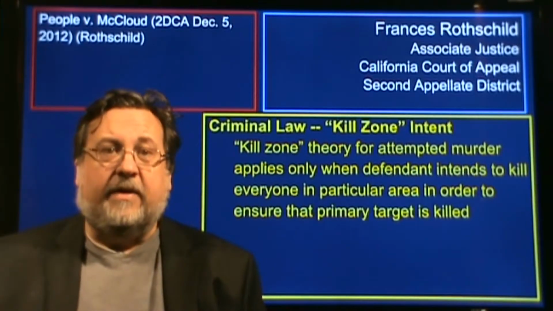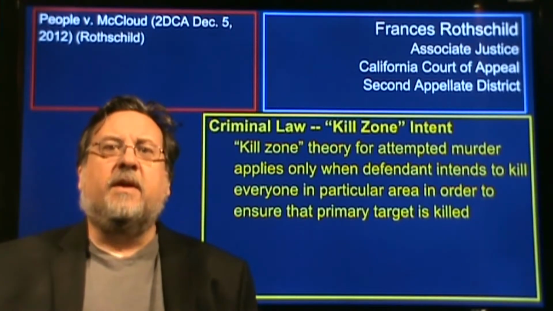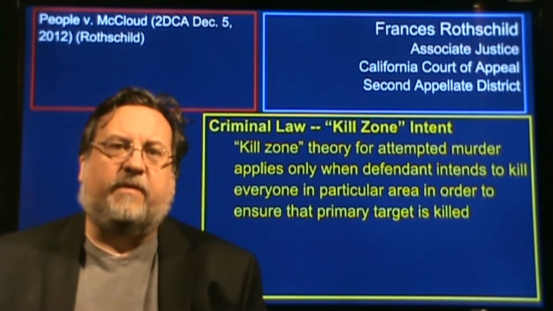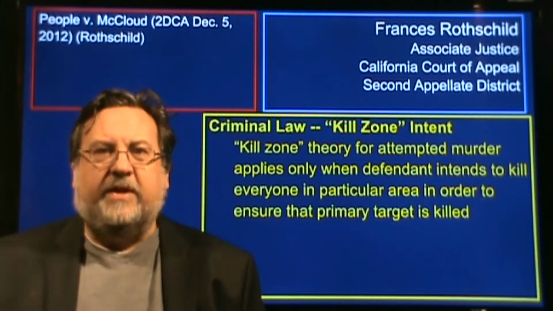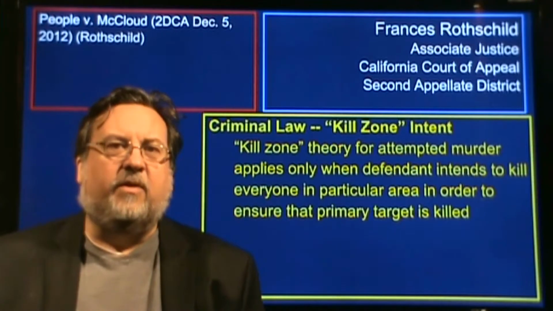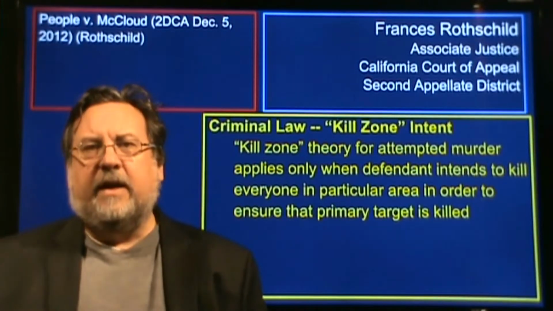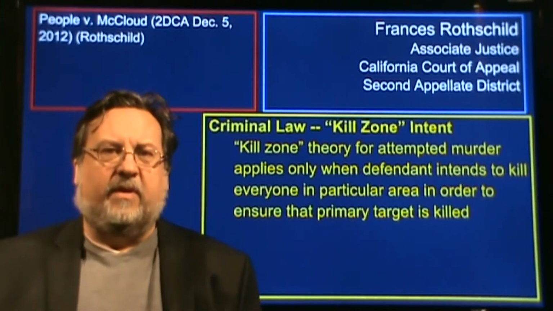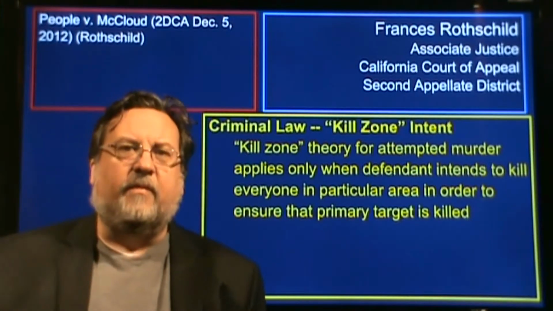Defendants were tried together, but before separate juries, which convicted both of them of the second-degree murders, convicted one of the defendants of all 46 counts of attempted murder, and convicted the other of 46 counts of lesser-included offense, assault with a firearm. The jury got to the 46 counts of murder by applying the kill zone theory of attempted murder.